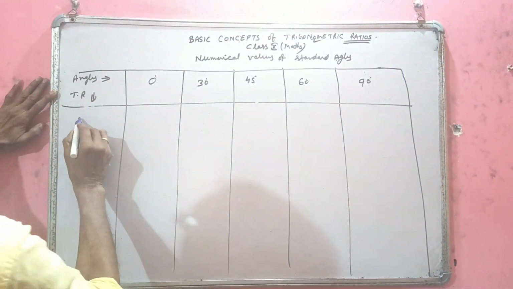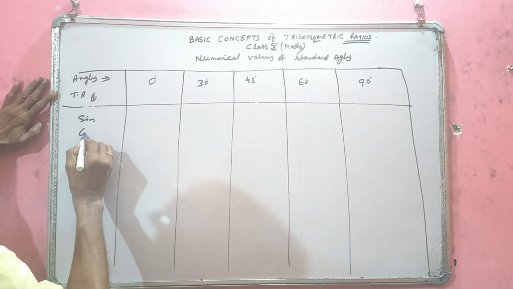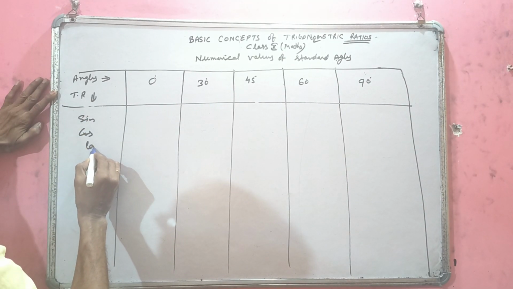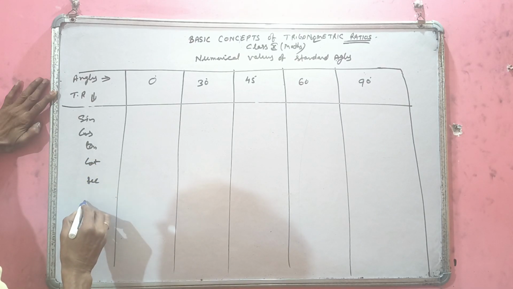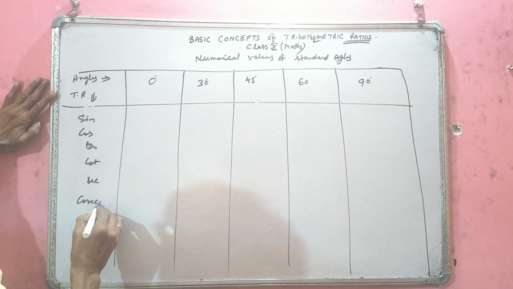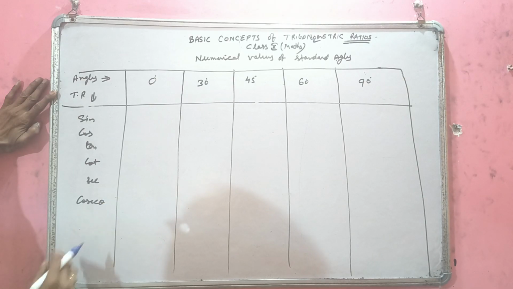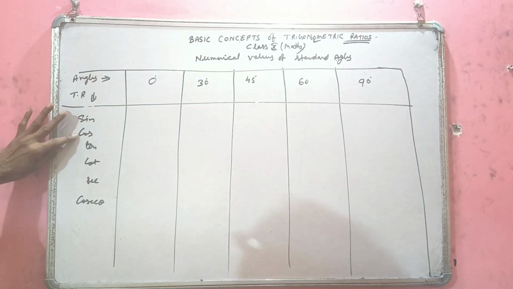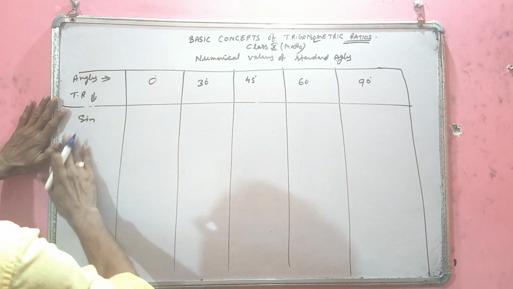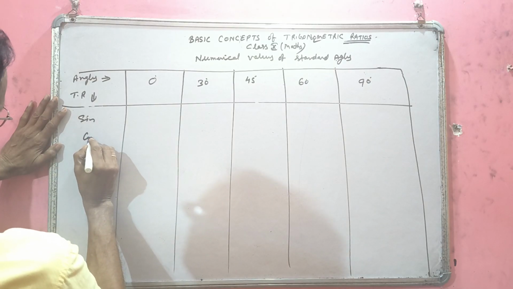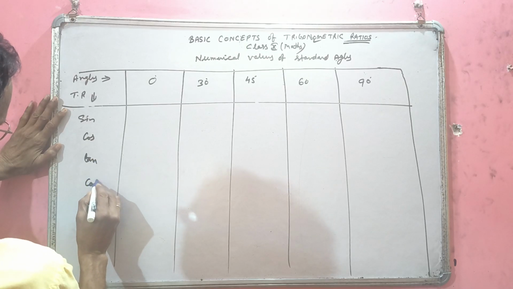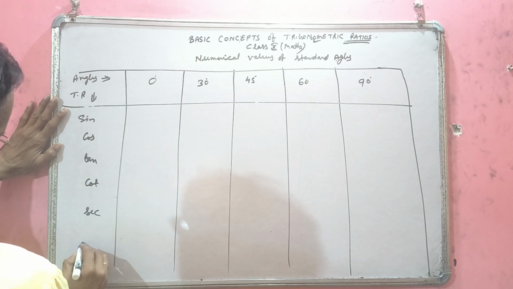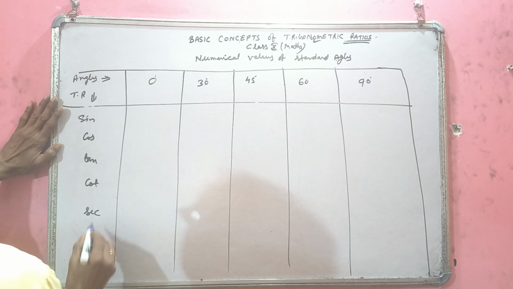And trigonometric ratio is sine, cos, tan, cot, sec, cosec. Give some space because we need here sine, cos, tan, cot, sec and cosec.